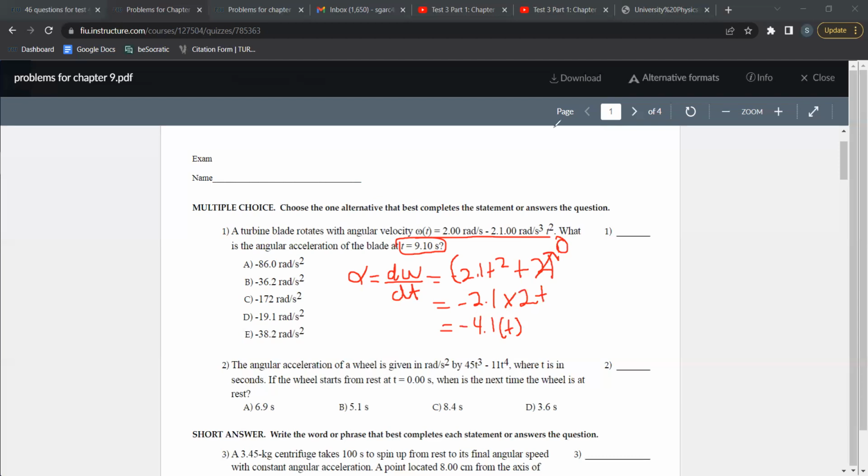And look at that, we know what t is. So we just insert 9.10 seconds into this equation, and we'll get negative 4.2 times 9. That looks like a 4. I'm sorry, that looks like a 9, but it's a 4. In fact, I'll go back and fix it.